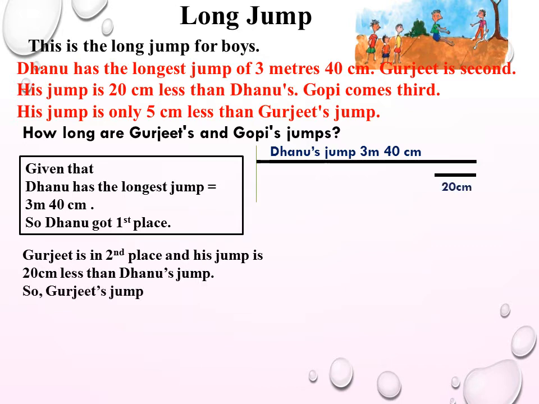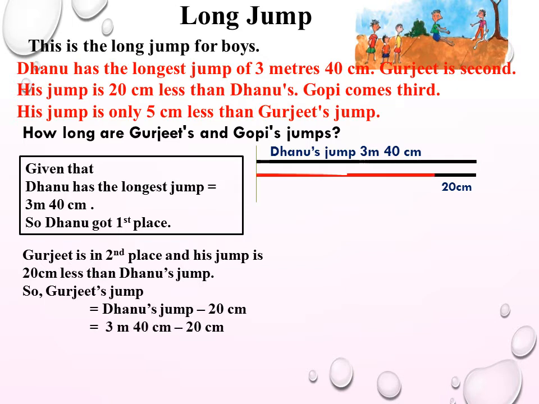So Gurjeet's jump equals, less than means what? Yes, subtraction. Dhanu's jump minus 20 centimeters, which is 3 meter 40 centimeter minus 20 centimeter. We will get 3 meter 20 centimeter. So Gurjeet's jump is 3 meter 20 centimeters.